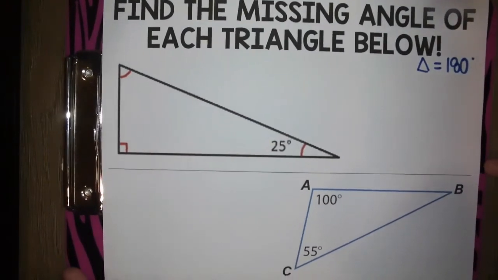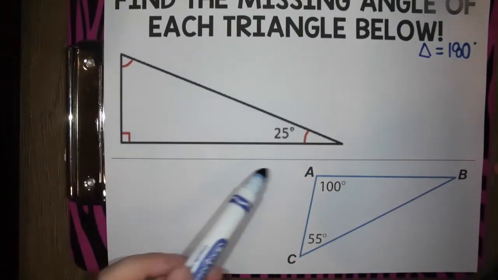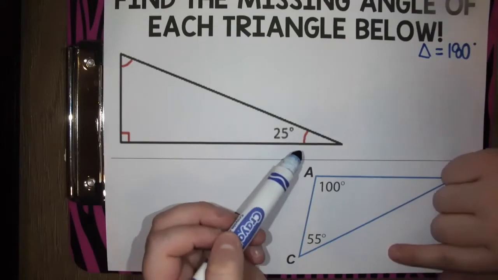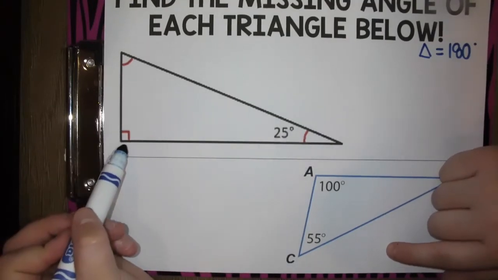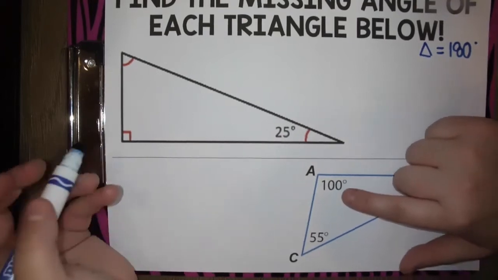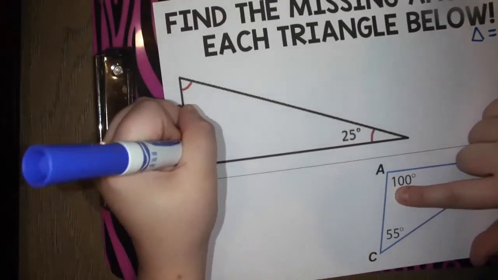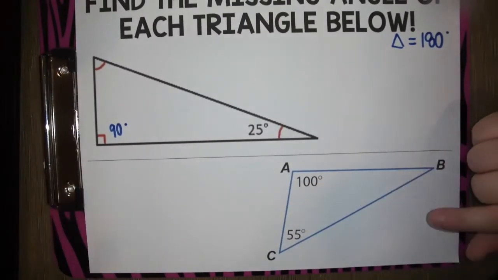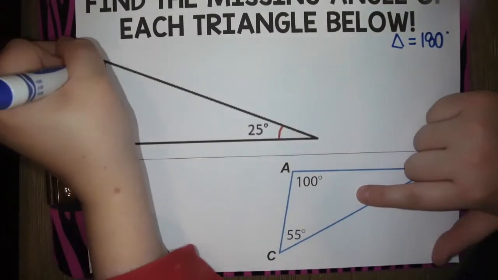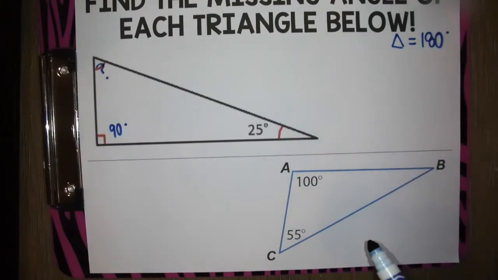So looking at this first shape, I have a triangle here. I've got 25 degrees in this corner. A square in this corner, we should remember that that means 90 degrees. Anytime you see that box, it means 90 degrees because you have a right angle. And then we do truly have a missing mystery angle there.